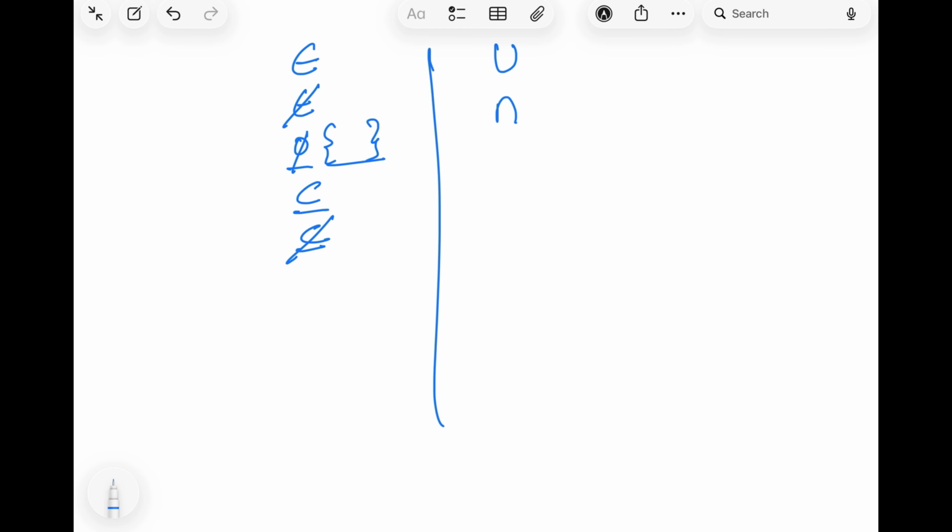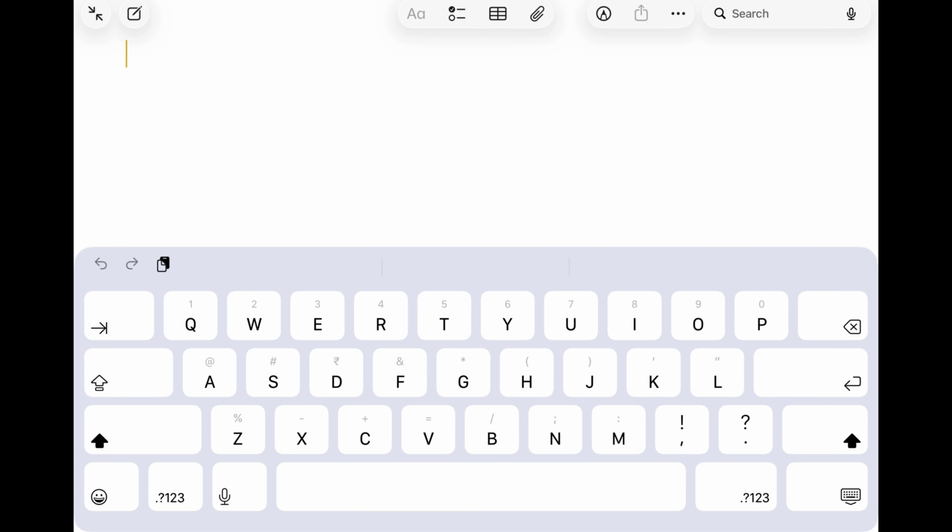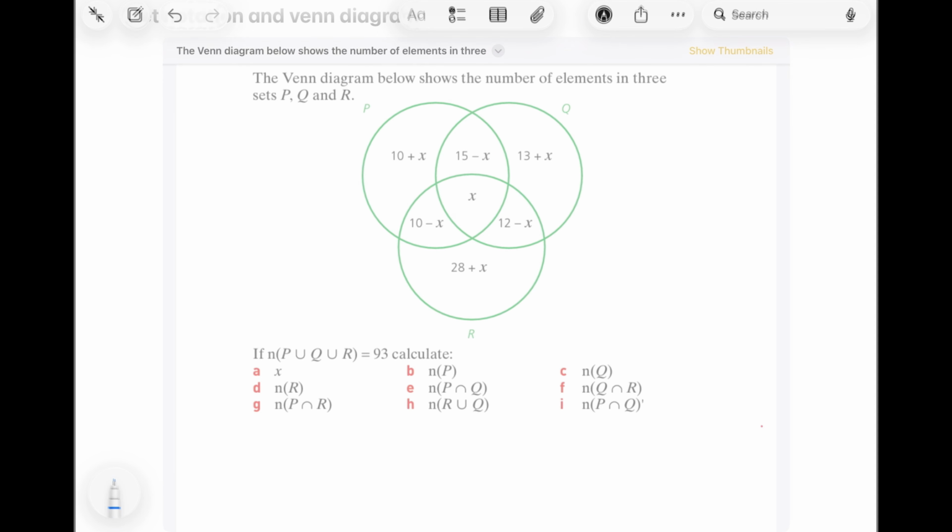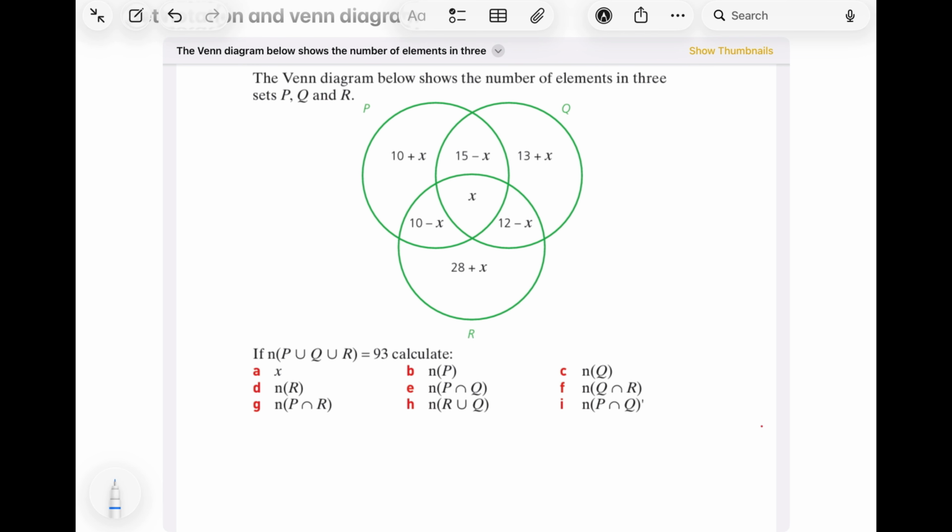Now I will just take up an example. There is a question. We will try and solve that question. So let's take up that question here. So here's an example question which has three sets. Here it's set P, set Q and set R. If you see here, all the three sets are overlapping each other.